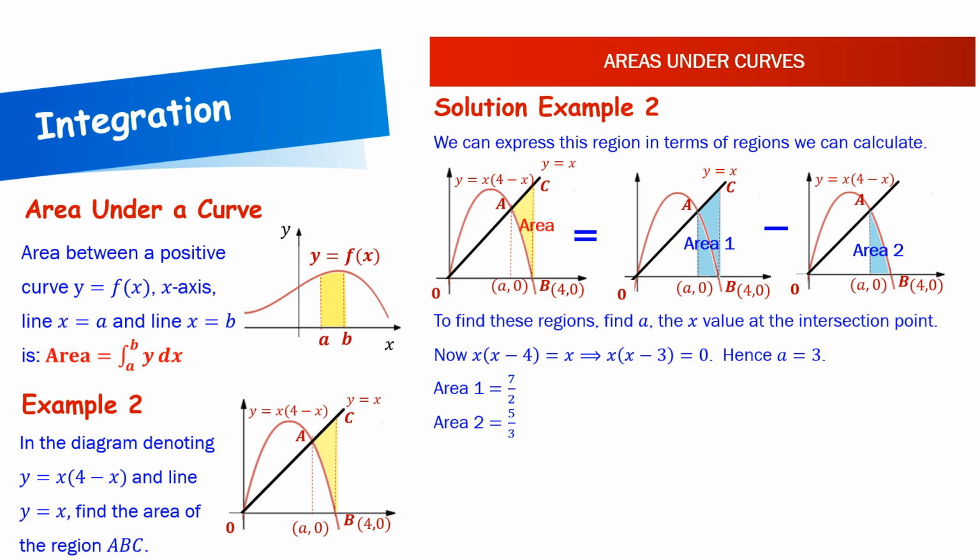Now that we have area 1 and area 2, we can find the area that we're looking for. So remember, area was equal to area 1 minus area 2.